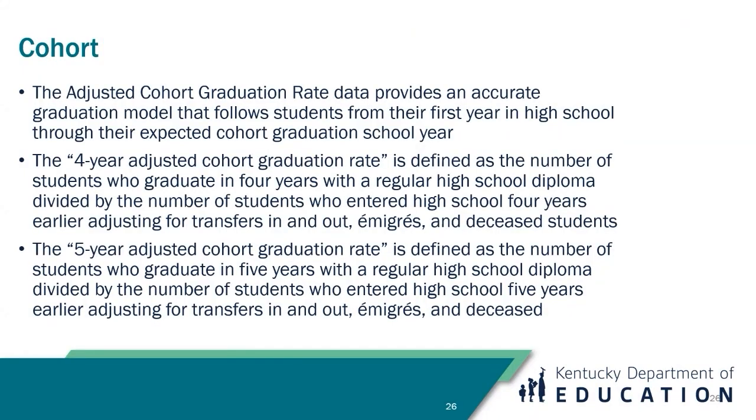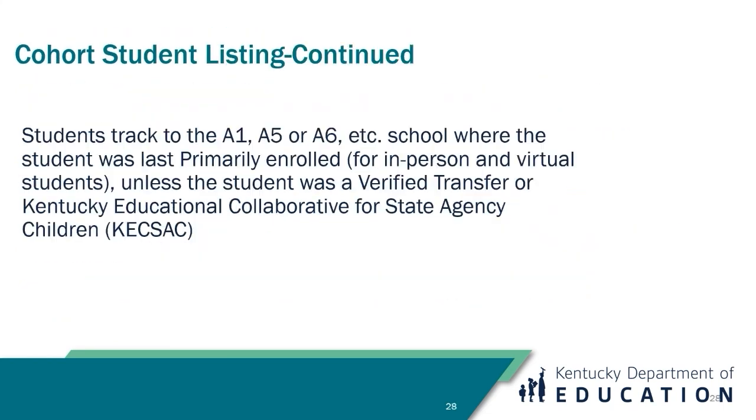Cohort. Let's talk about cohort and why it's very important. Cohort is very important to make sure that your 4-year and 5-year cohort graduation rate for your students is accurate and that it follows from the first year in high school through their expected graduation school year. And then this just talks about how we get the 4-year adjusted cohort rate and how we get the 5-year adjusted cohort rate.